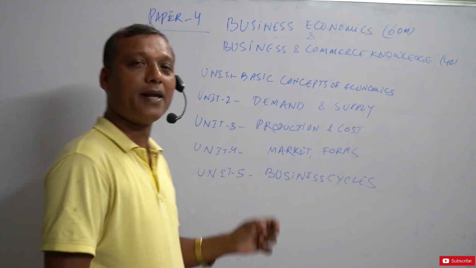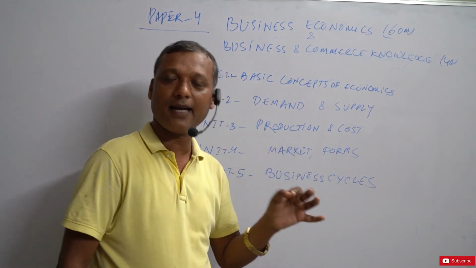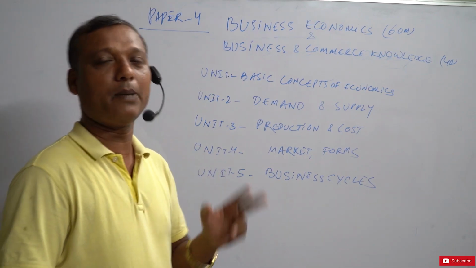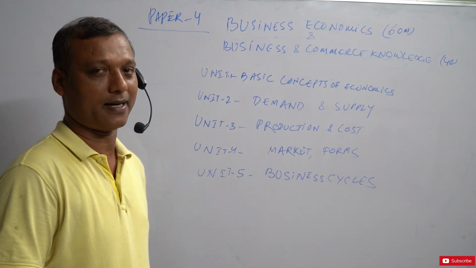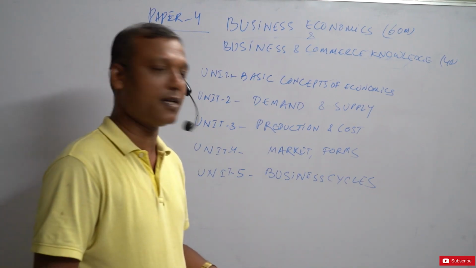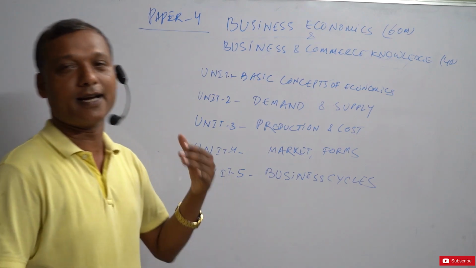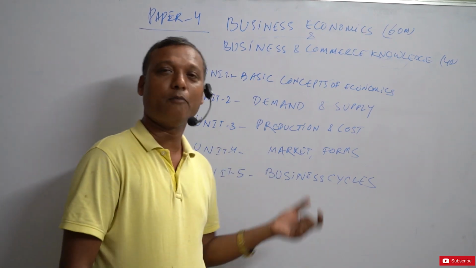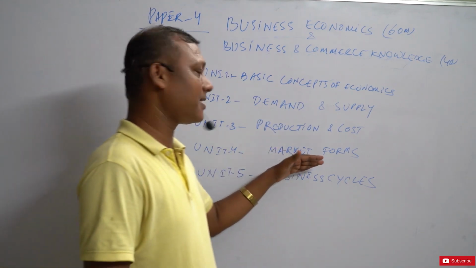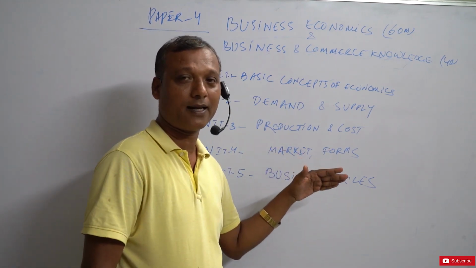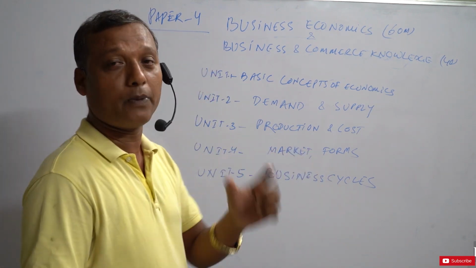On that basis, we can classify market mainly under two heads: perfect market and imperfect market. Imperfect market is again subdivided under three heads: monopoly, monopolistic competition, and oligopoly. So that is the end of the chapter on market. But remember, this is the classification of market on the basis of competition. I hope you will enjoy the chapter.